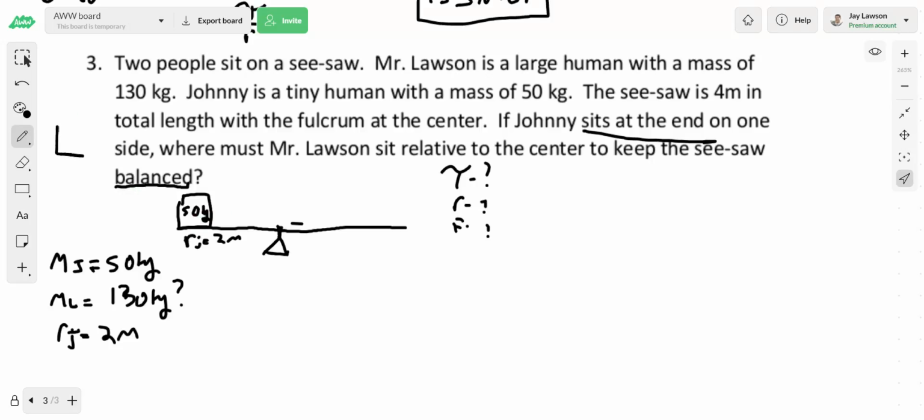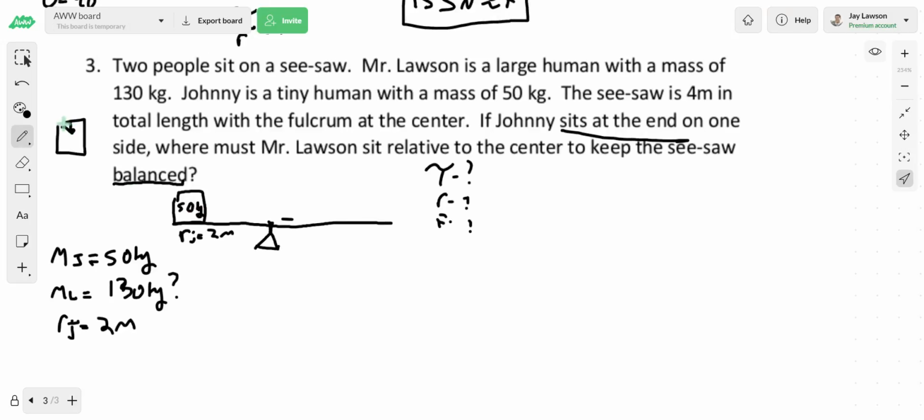I'm going to draw his free body diagram out here. A normal force acting upward that way, but we have his weight acting down. And the weight is what's going to cause the rotation. It's acting downward. It's going to rotate it down this way in this direction about the fulcrum.